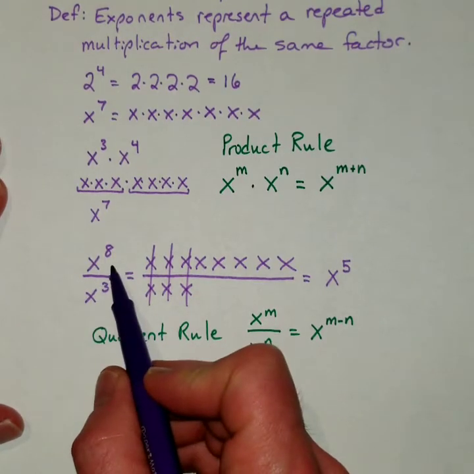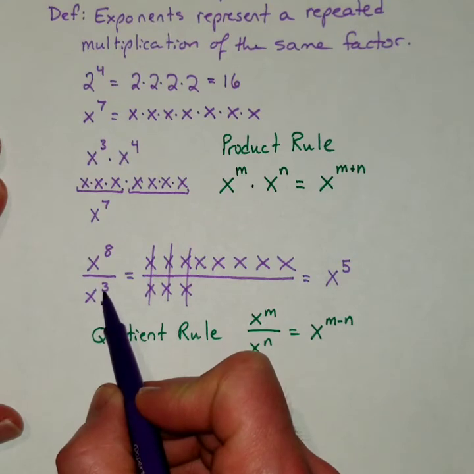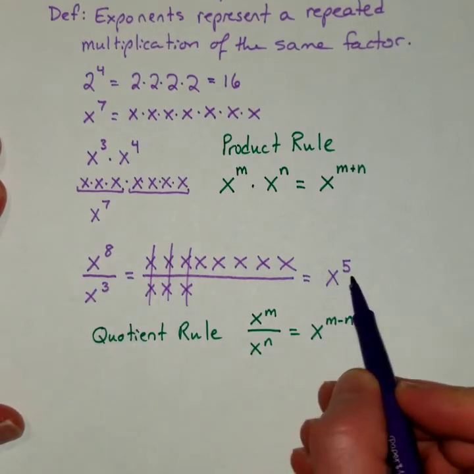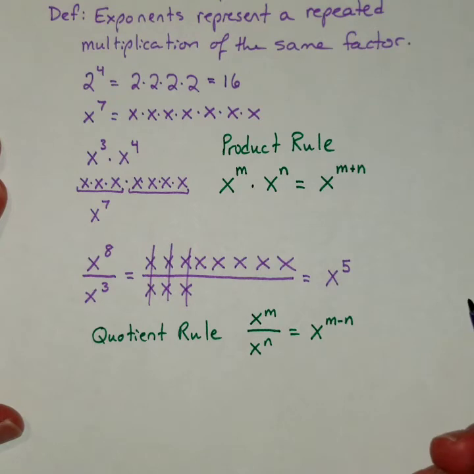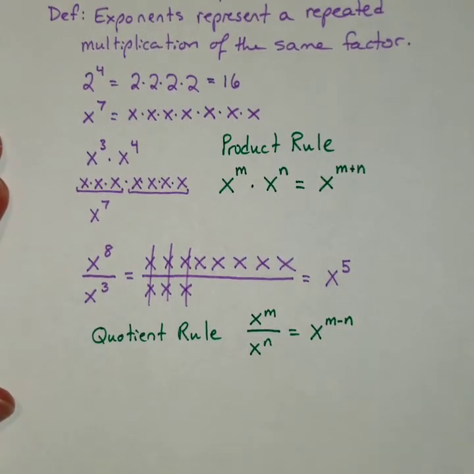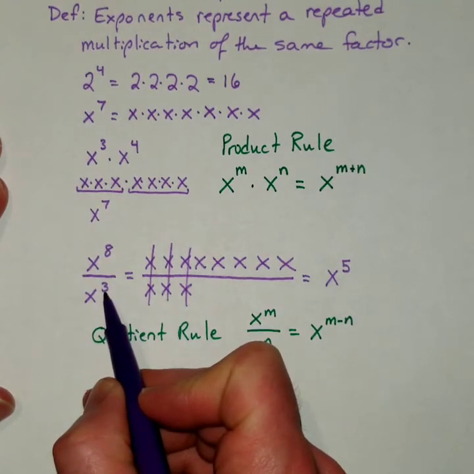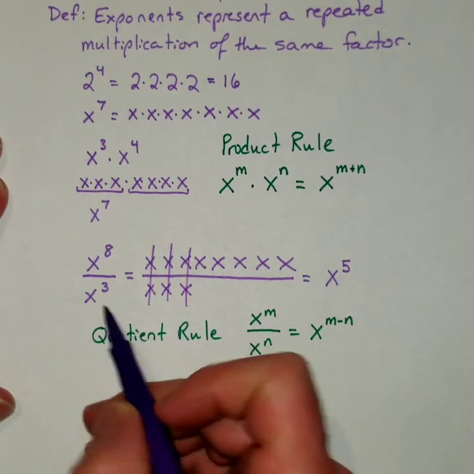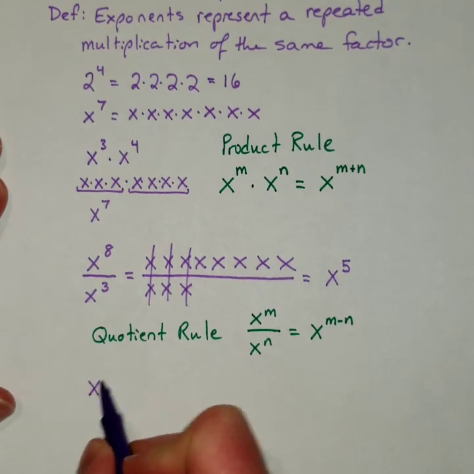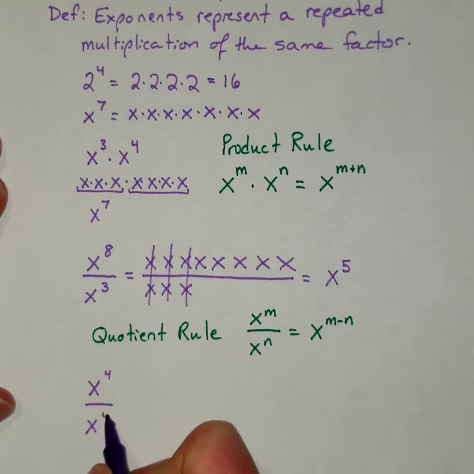This first case is where the top has a bigger exponent than the bottom, and you just get a nice variable expression here at the end by subtracting. But let's say for a moment that the 2 exponents had the same value, something like x to the 4th divided by x to the 4th.